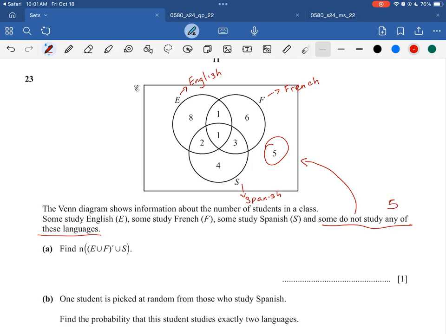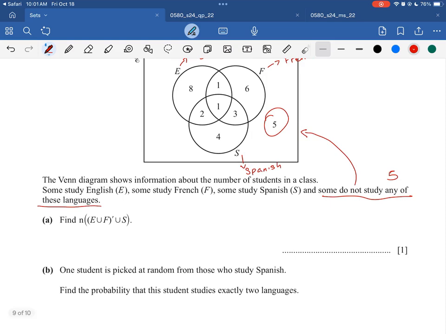Okay, now it says find n of the complement of E union F, union S. That's finding the number of people not in E union F union S. I remember what we did before. You took it bracket by bracket, right? We're going to do this inner bracket first. So what is in E?